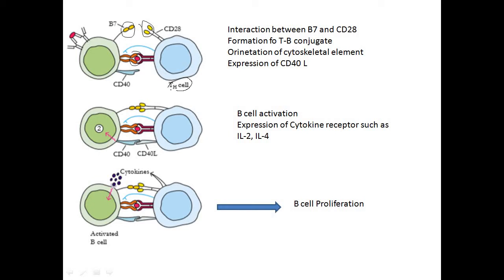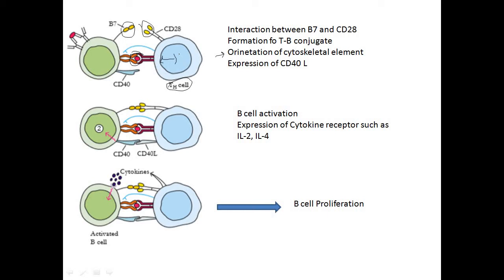Upon activation, again several different events will take place in this T helper cell. The first one is the change in orientation of the cytoskeletal element. What happens in this orientation part is that the Golgi body and the organelles present inside the cell move to a position such that they face the interaction part.